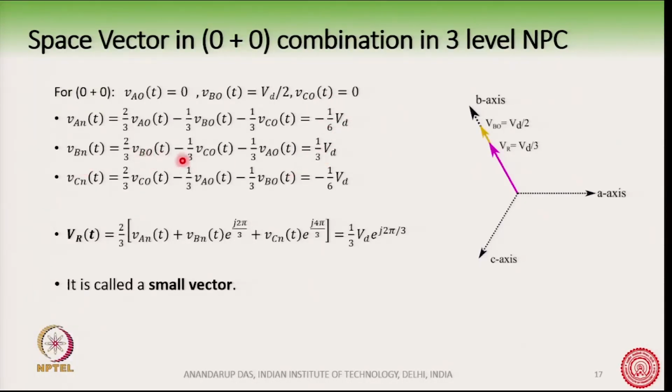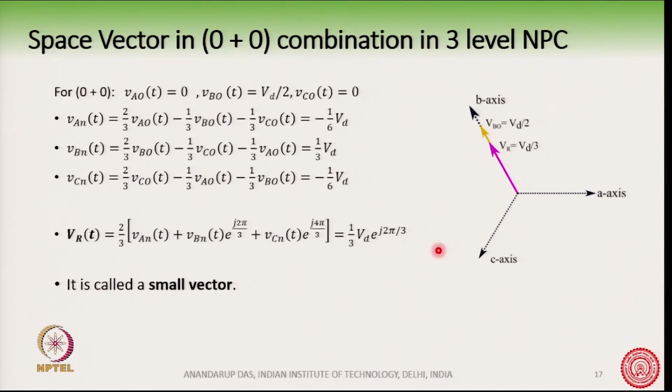VBNT, similarly, if you put these values here, will be equal to 1/3 Vd, and VCNT will again be equal to minus 1/6 Vd. If you substitute these values in the equation, the VRT, or the resultant space vector, is given by this one, and you will find it to be 1/3 Vd e to the power j 2 pi by 3.